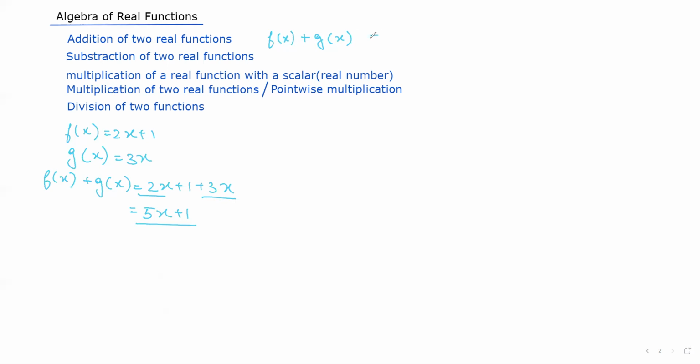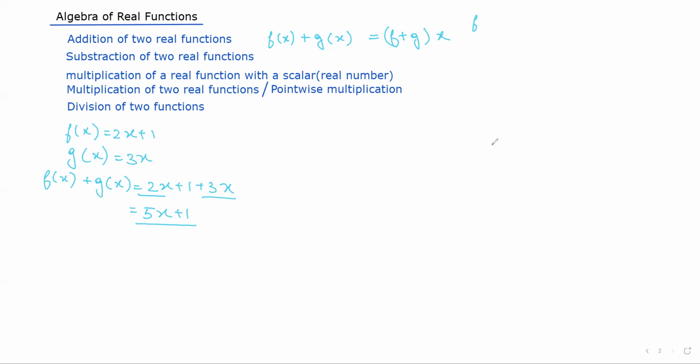In a combined sense, these can be written as (f plus g) of x, pronounced as f plus g of x. So this means f of x plus g of x. Understand, both f of x and g of x have certain domains and ranges.